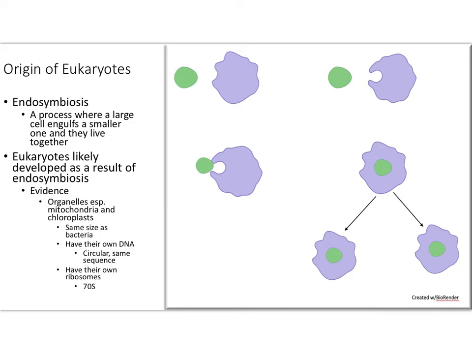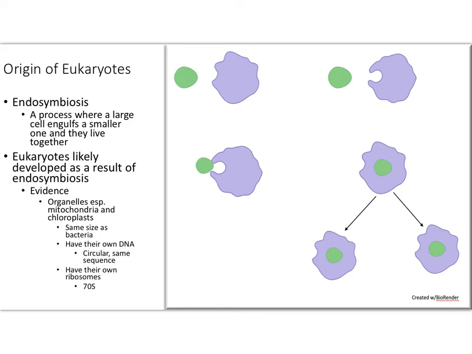At the point at which this arrangement had been passed on enough and the two individual cells could no longer be separated from each other without both of them dying, that was the point in time where we can say that is when we had the first eukaryotes. So it wasn't just when a big cell engulfed a small cell and it kind of worked out for a little bit.